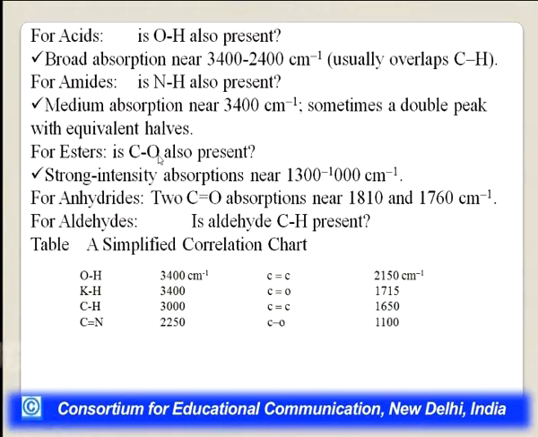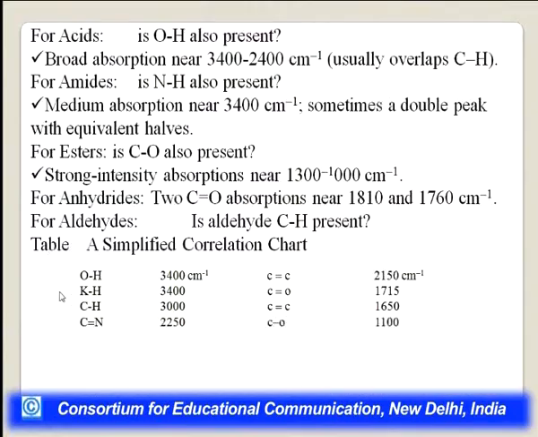So along with the carbonyl group you have to look for carbon single bond oxygen, and for that you will see a strongly intense absorption near 1300 to 1000 inverse centimeters. For anhydrides, two carbonyl absorptions should be present, 1810 and 1760.